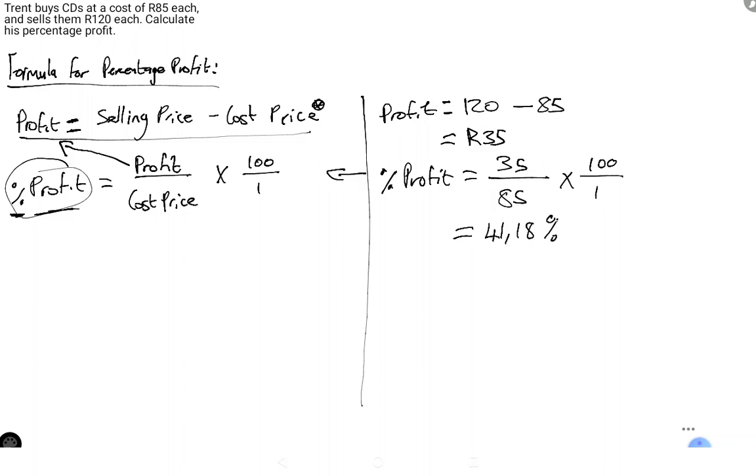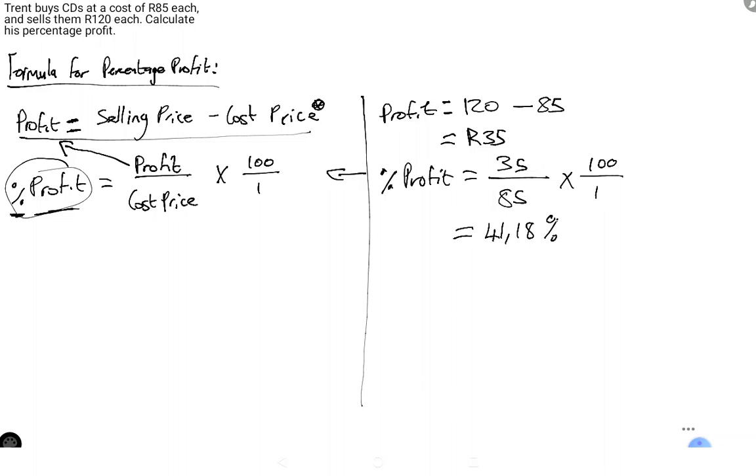We saw that he made 35 rands on each CD that he sold. But we're not interested in the rand amount, we are interested in the profit percentage. We get it by saying the profit value, which is 35, divided by the cost price, which is 85, and we multiply that by 100, and that gives us 41.18%.